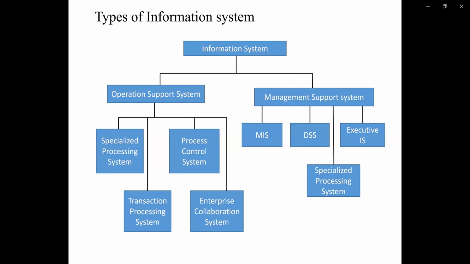There are many examples. The transaction processing system is a type of operational support system. It is an important example that records and processes the data collected from business transactions. For example, the point of sale system, POS.